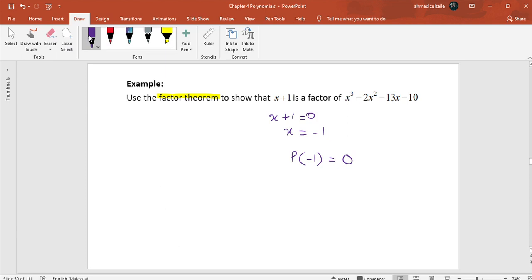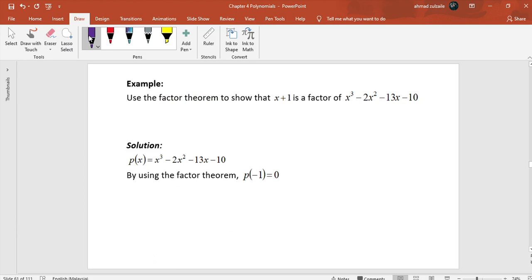Okay, so let's take a look at the process. So this is your polynomial. Using the factor theorem, I will substitute negative 1 into the polynomial, and I have to show that it will give you a 0. See how we have changed the sign because the theorem says that when you have x plus t, then you substitute negative t into the polynomial.